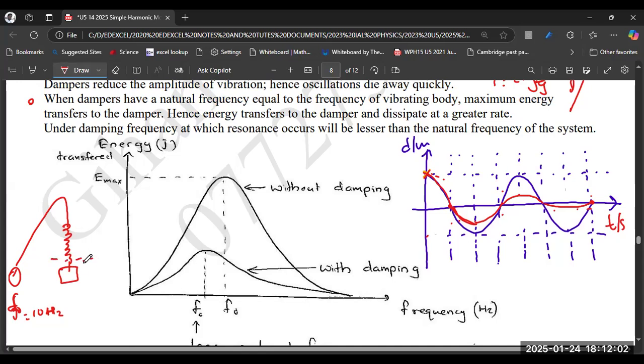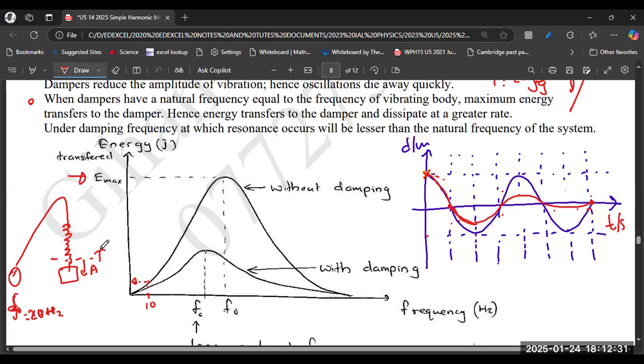Then I can find its maximum amplitude. I can find the time period. From that, I can find the maximum kinetic energy. So when the frequency is 10 Hertz, I'm getting the maximum kinetic energy. Then I can change that frequency to 20 Hertz. At that moment also I can find the amplitude and the time period.